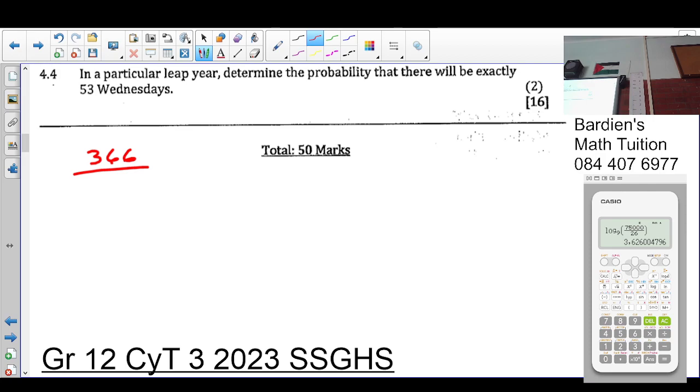Now, if it's 52 weeks in a year, then there will be 52 Mondays, 52 Tuesdays, 52 Wednesdays, and so on. If you say 365 divided by 7, it's not exactly divisible. So there's a remainder.